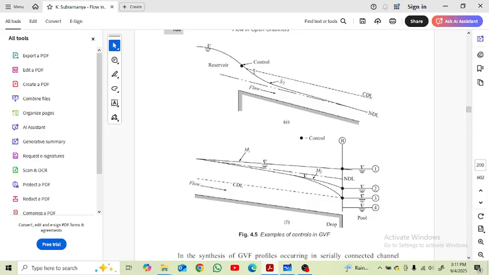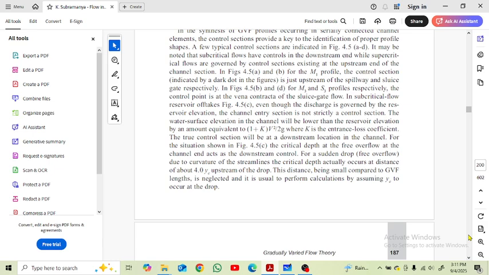So there is a reservoir, and there is an S2 profile over here. And I have already dealt with the pool elevation case, and which is going to be dominant. If the pool elevation is higher, the pool elevation is dominant, and if the critical depth is higher, then the critical depth is going to be dominant. So you have to go from the normal depth to the critical depth. That question is also a very important one.